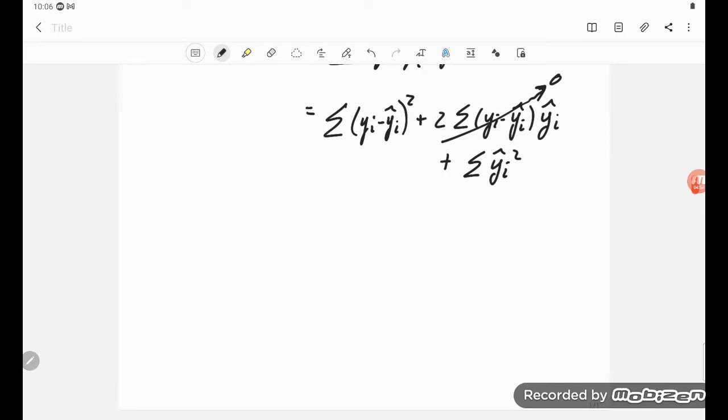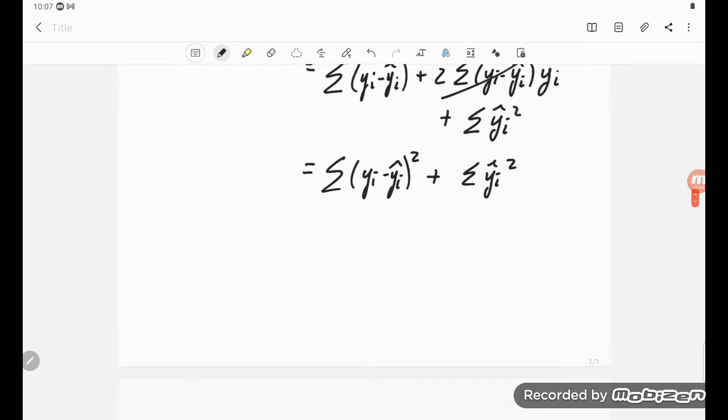And so what we get is the sum of the yi minus yi hat squared plus the sum of the yi hat squared, like that. Well, we call this first one the residual, because that's the error part, or sum of squares error.